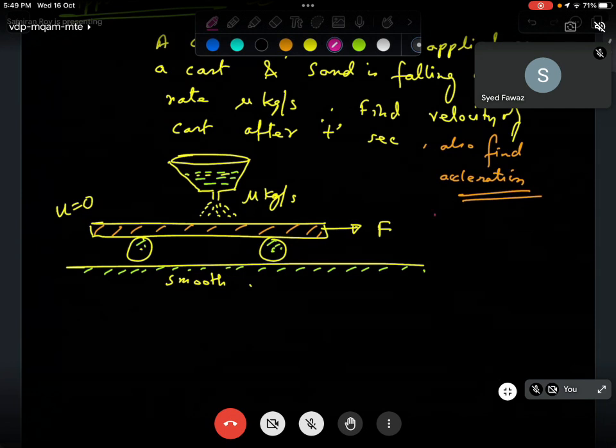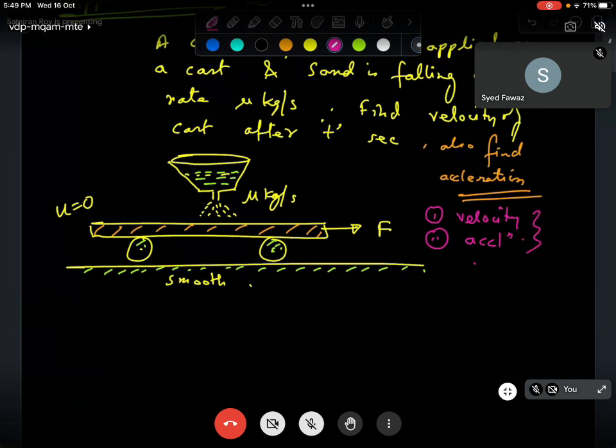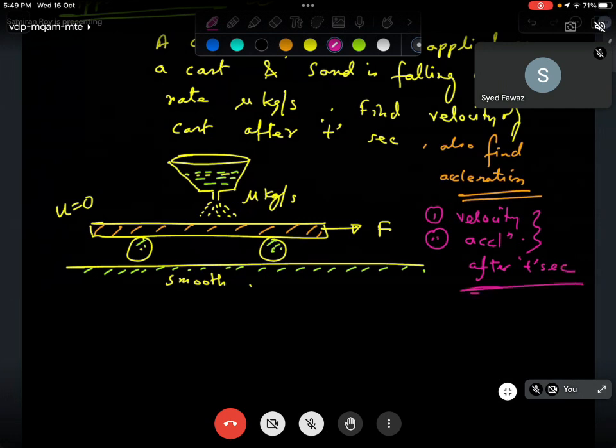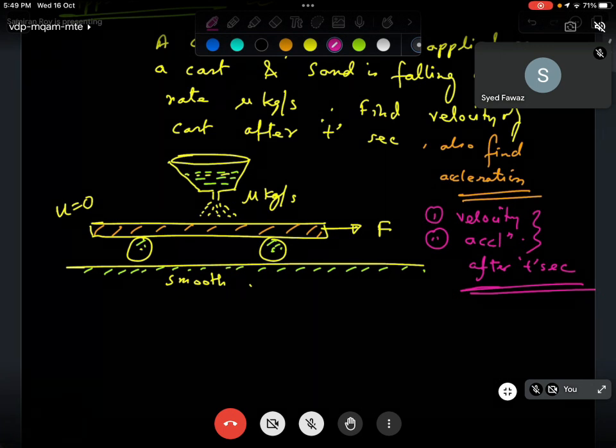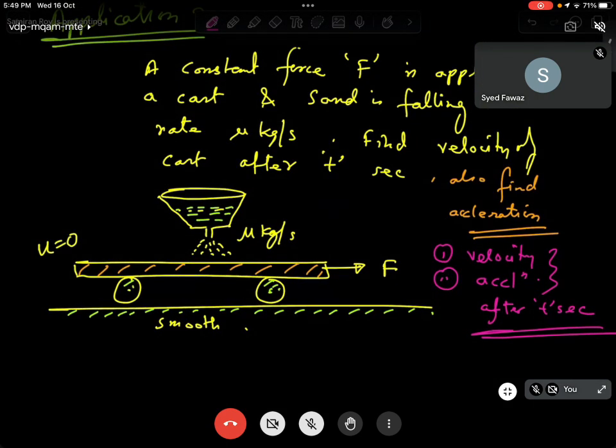So first you have to find velocity, second you have to find acceleration after t second. Who will tell me the answer?